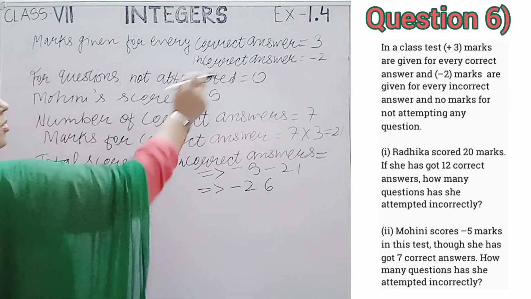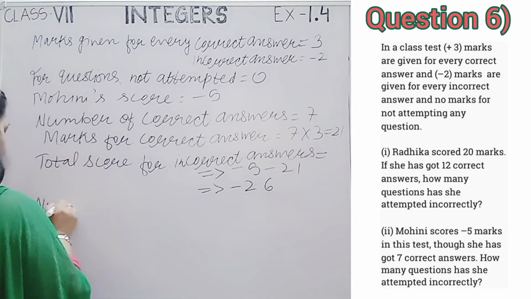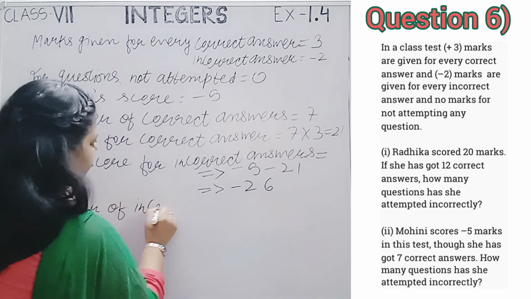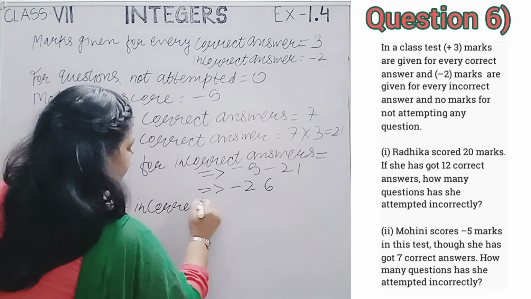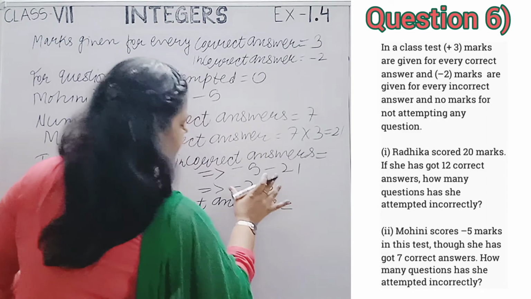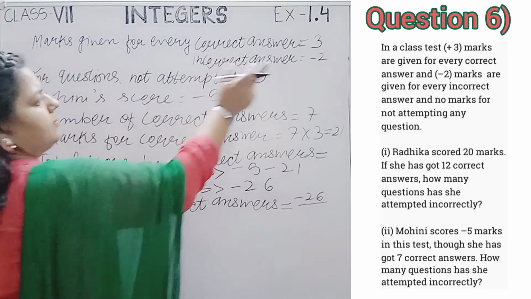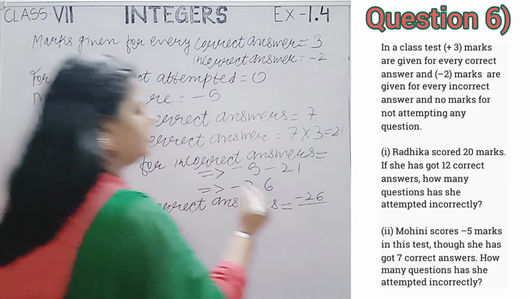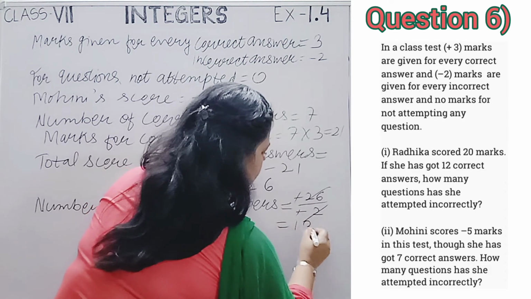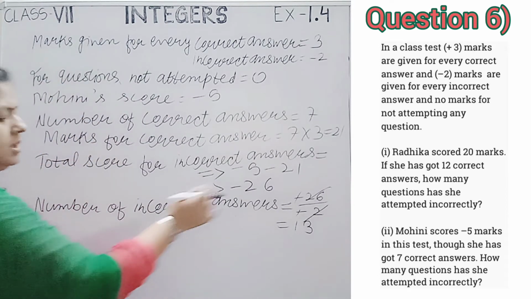So minus 2 is given for an incorrect answer. Number of incorrect answers: minus 26 total score for incorrect answers, and minus 2 is given for 1 incorrect answer. So cancel out and we get 13. It means the number of incorrect answers she gave is 13.